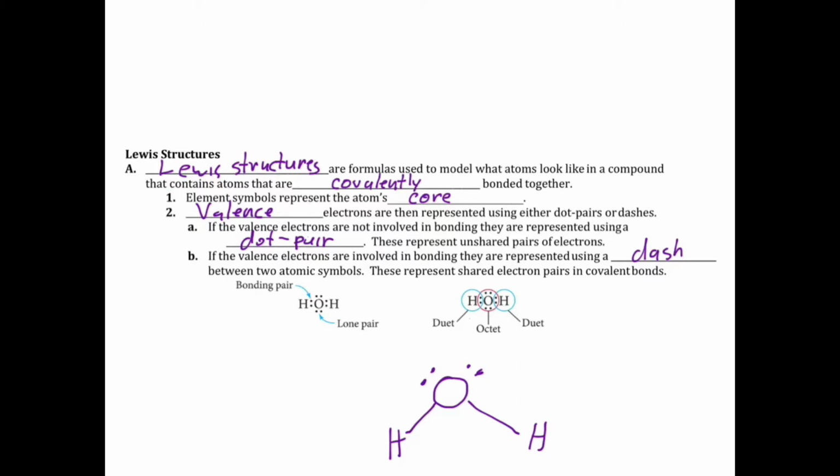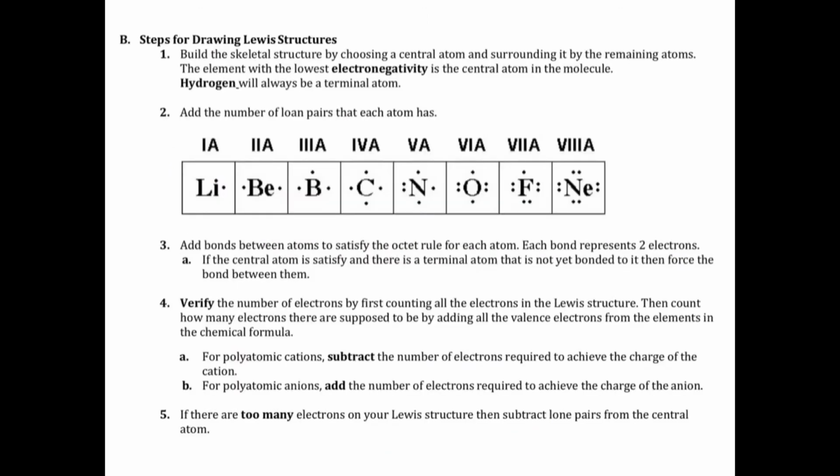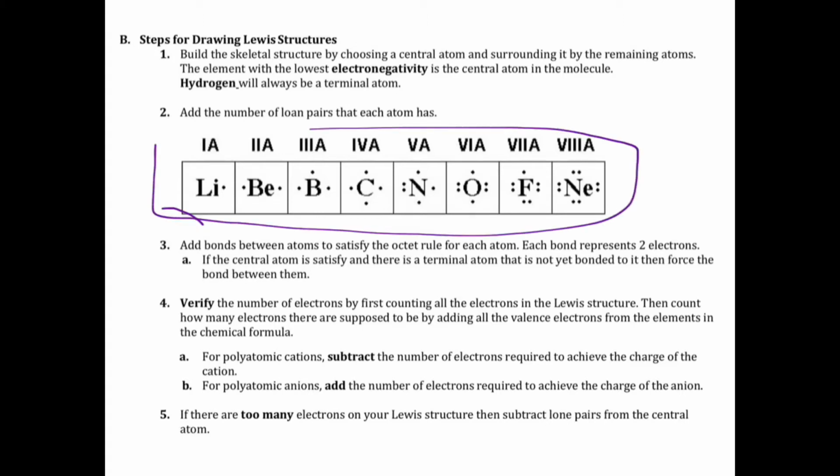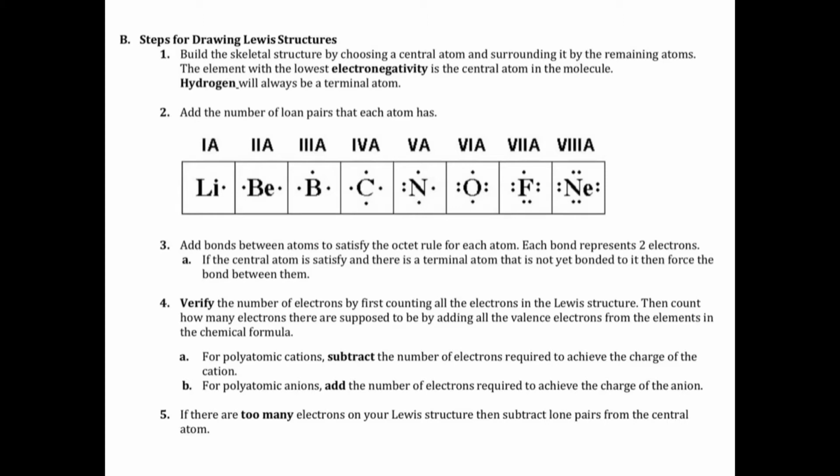So now I'm going to show you the rules for drawing Lewis structures, and I will go through them as we go. If you think about the Lewis dot structure for an element, let's think about fluorine, for example.